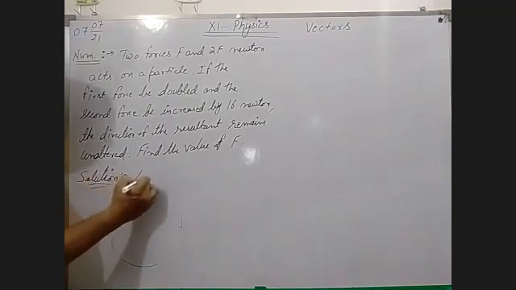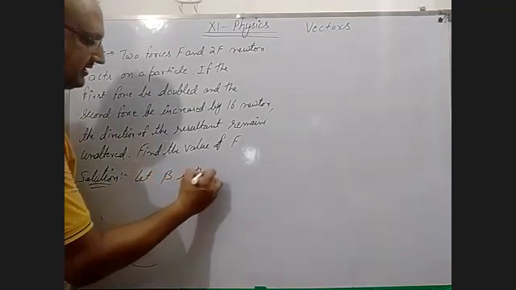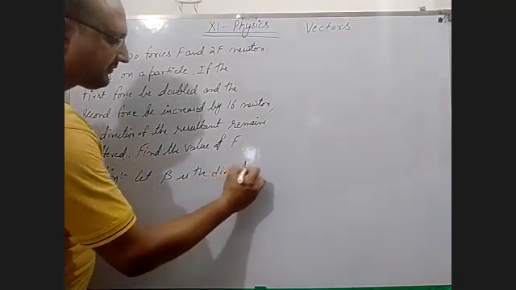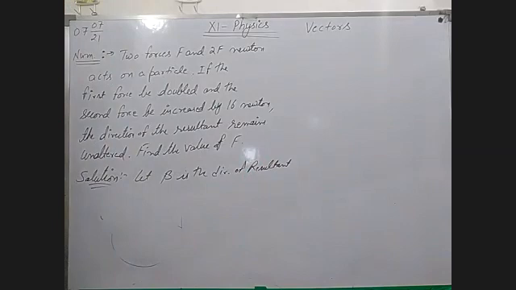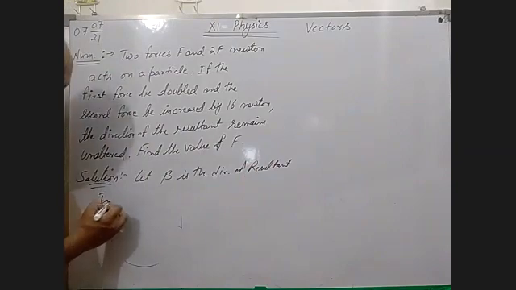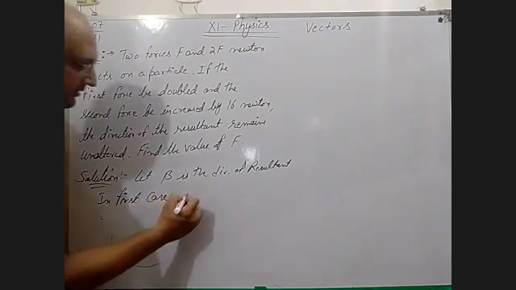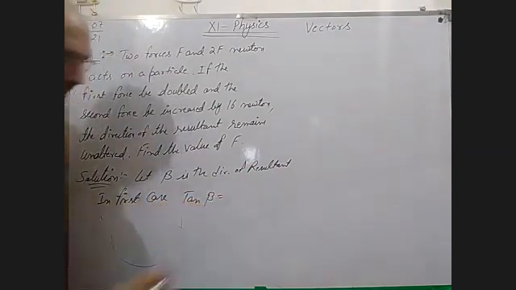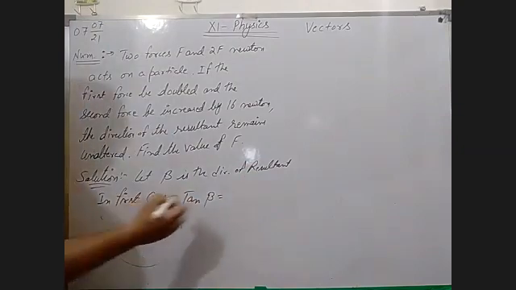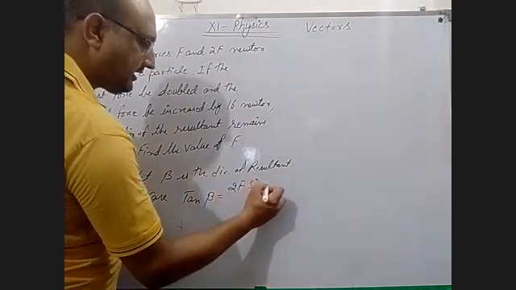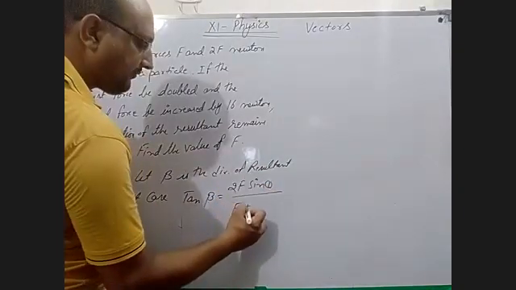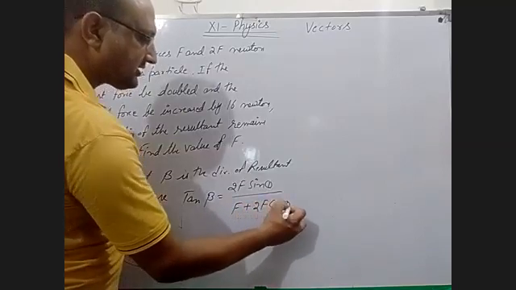Let beta be the direction of the resultant. In the first case, when two forces F and 2F are there, tangent beta will be equal to, what was the formula? 2F sine theta upon F plus 2F cos theta.